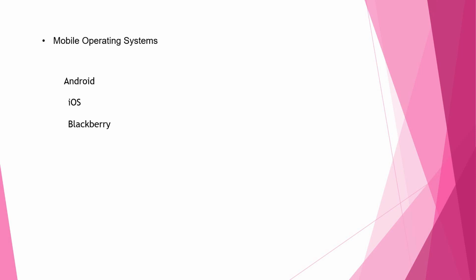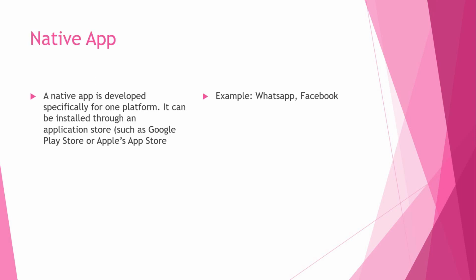I think its popularity is very low, and the latest version is 10.2.1. Then we have Windows, from Microsoft. Its popularity is medium, and it's Microsoft 10, the mobile version. And then we also have Symbian, from the Symbian Foundation. The popularity is very low, and it has now been discontinued. If you see the graph, I think 47.3% of the users are using Android, which is made by Google.